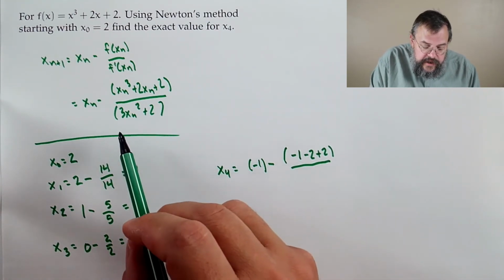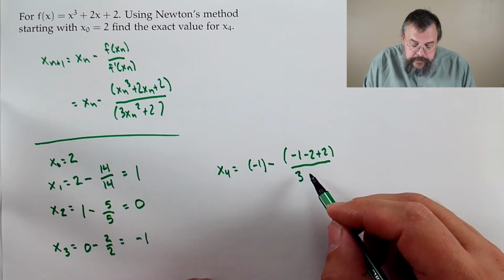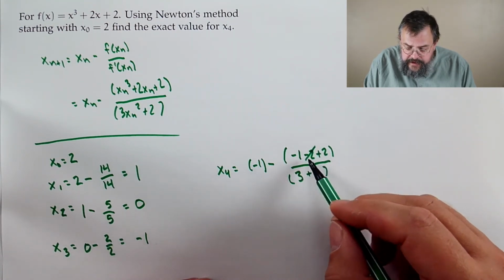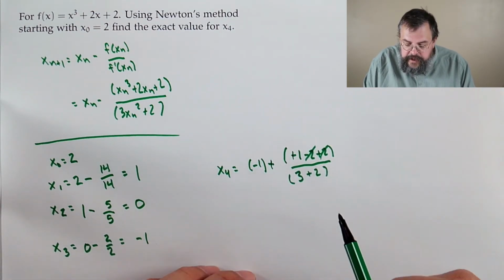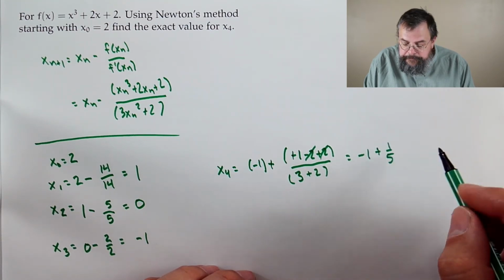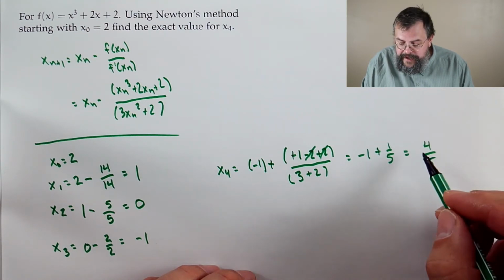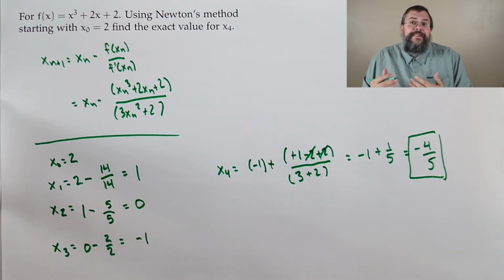And then downstairs, 3 times minus 1 squared, well, that's 3, and then plus 2. All right, the 2's and minus 2's cancel. The minus and the minus cancel. So it's really minus 1 plus a fifth, 4 fifths. All right. Oops, minus 4 fifths. There we go.